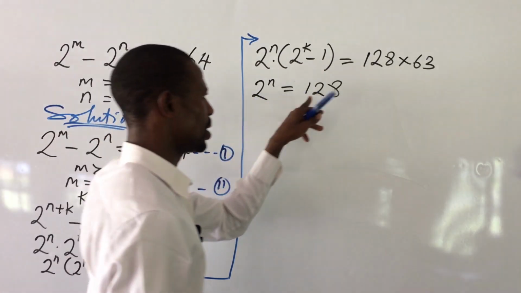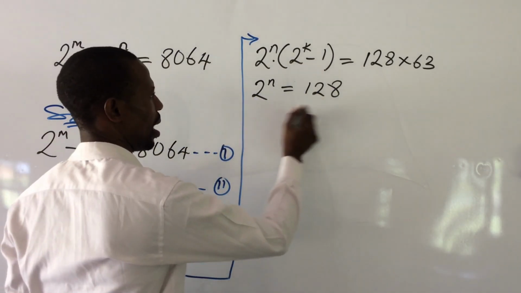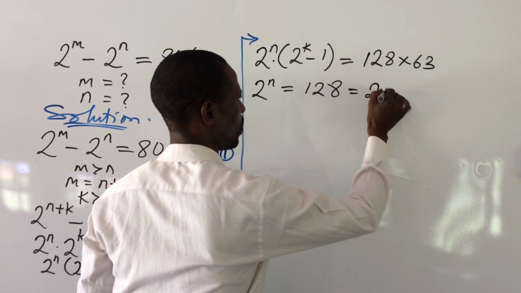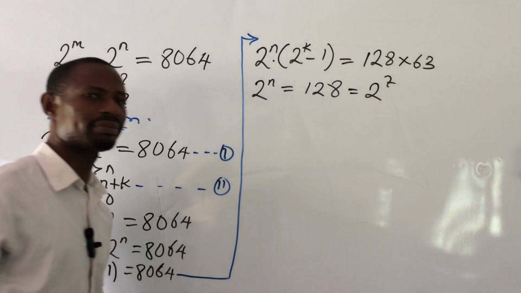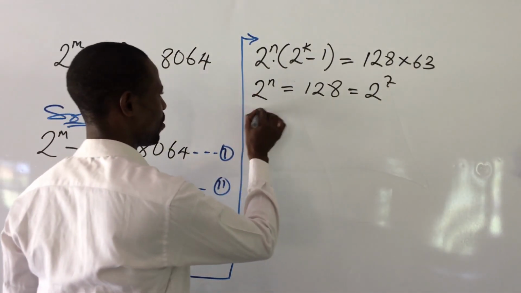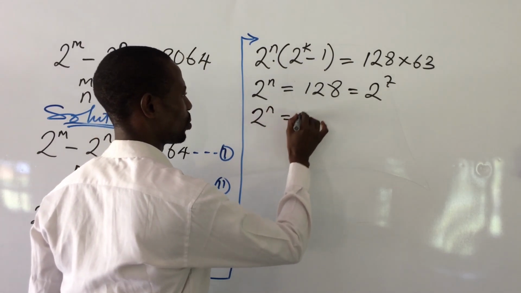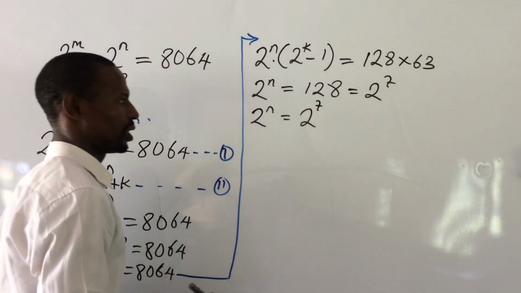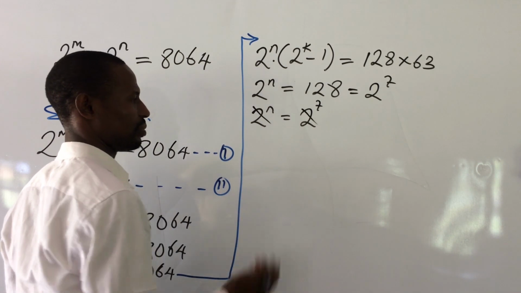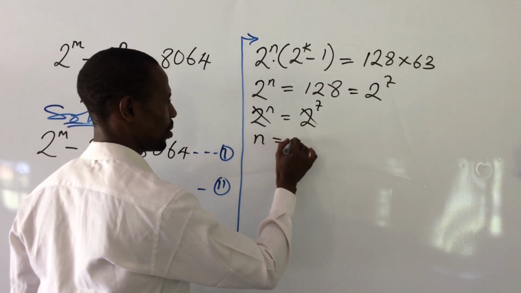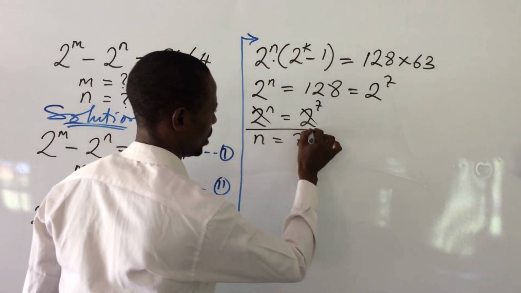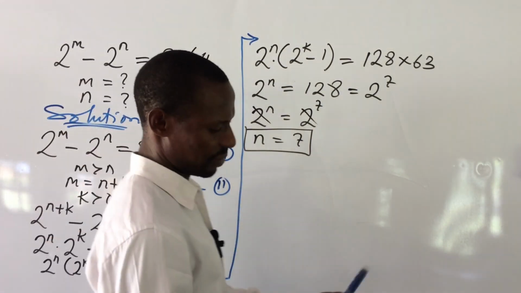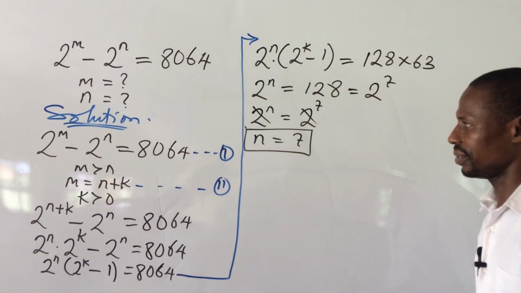It can be written as 2 to the power of 7. So we now have 2 to the power of n equals 2 to the power of 7. The bases are the same, so they will take care of themselves. So we now have n equals 7. Easy. So we've gotten the value for our n now.